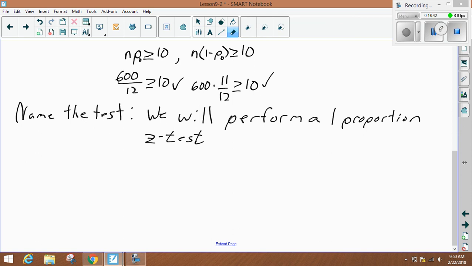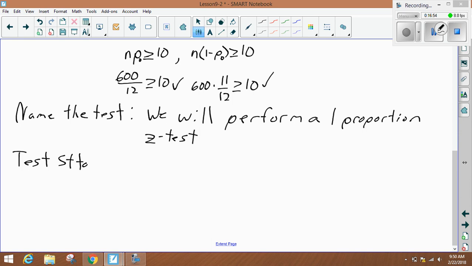Let's get our test statistic. That's going to be Z equals.